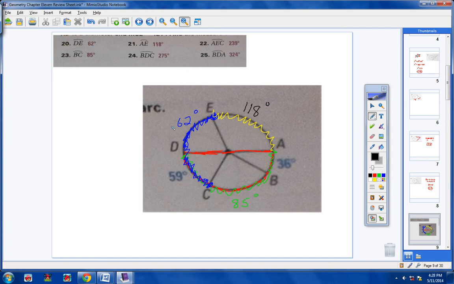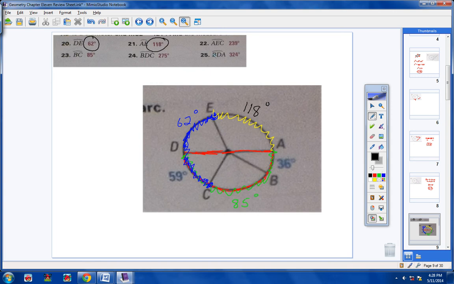Okay, well here's arc DE from here to here. And so that would be 62 degrees. Next, arc AE. Okay, fine, here's A. And follow that all the way along to E. So there's arc AE. And obviously that answer is 118 degrees.